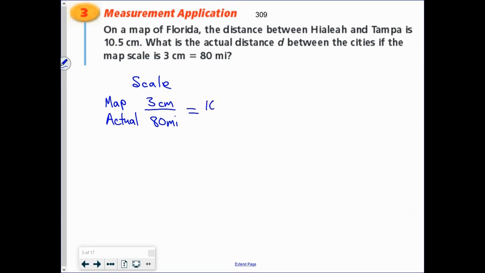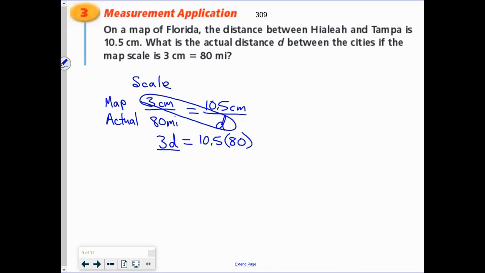So it needs to go on top of my proportion. And the actual distance, D, will go on the bottom. So again, we need to solve the proportion. And so you would write 3D as you cross multiply is equal to 10.5 times 80.